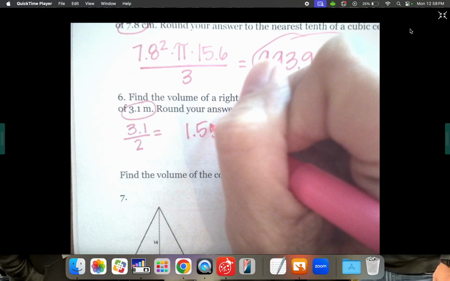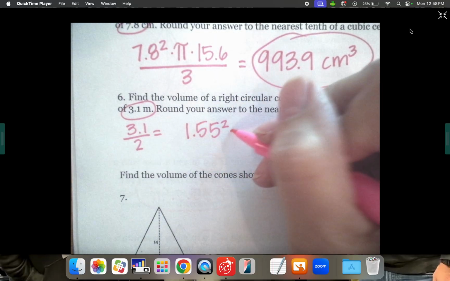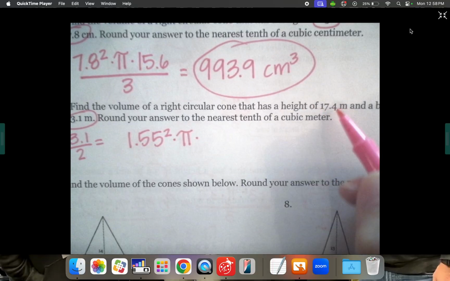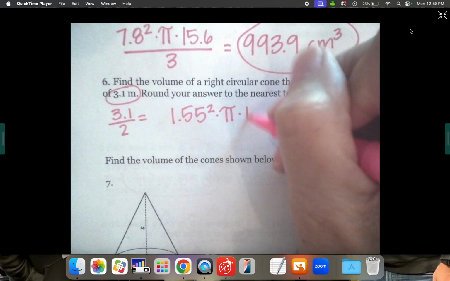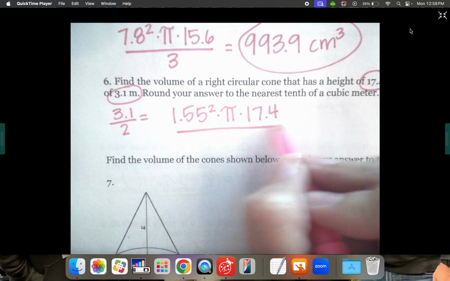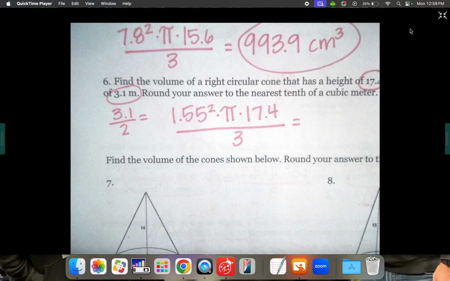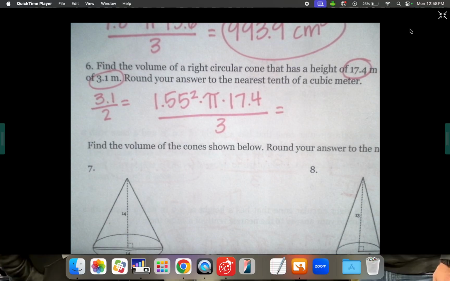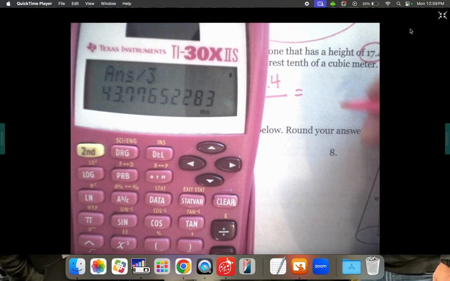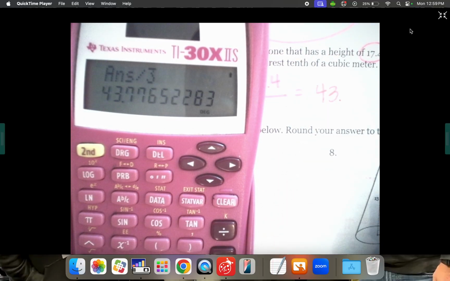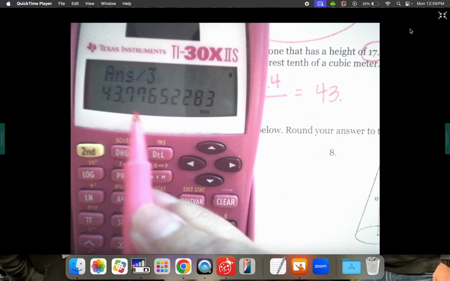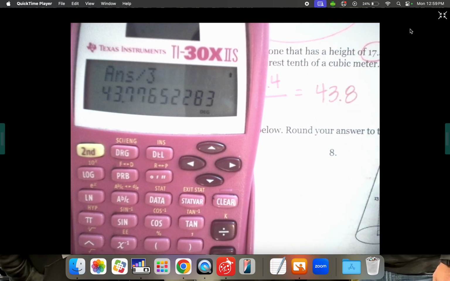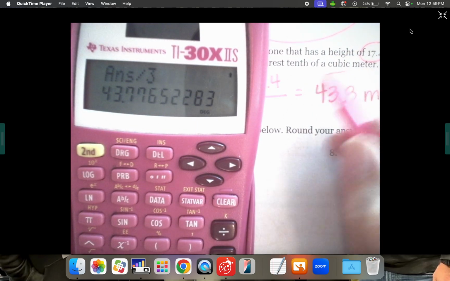So I'm going to do 1.55 squared times pi times the height, which they said is 17.4, and then divide that whole thing by 3. So 1.55 squared times pi times 17.4 equals, divided by 3 equals, this is what I got, 43.7, but the number after the 7 is going to bump it up to 43.8. And this is cubic meters.